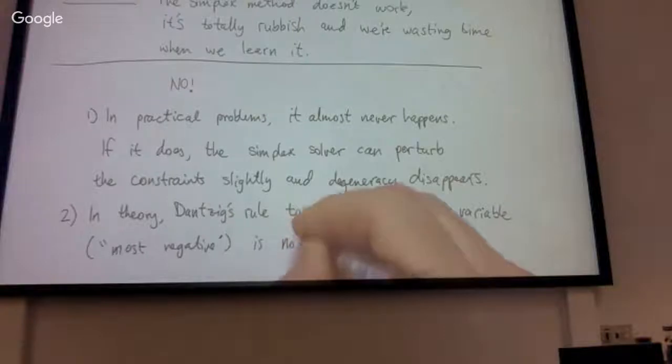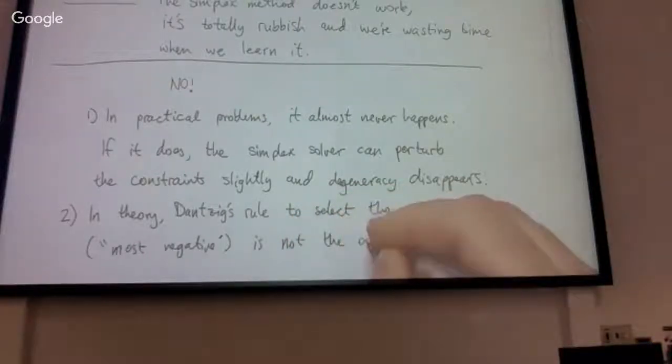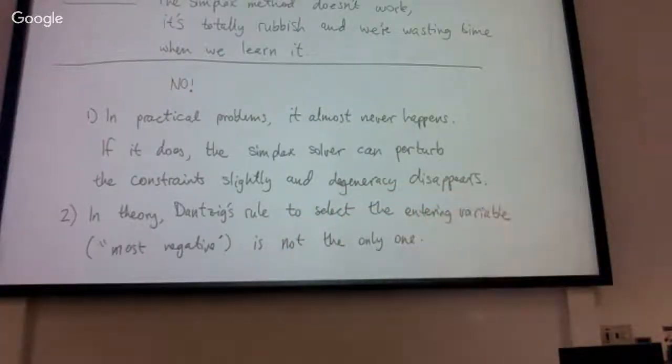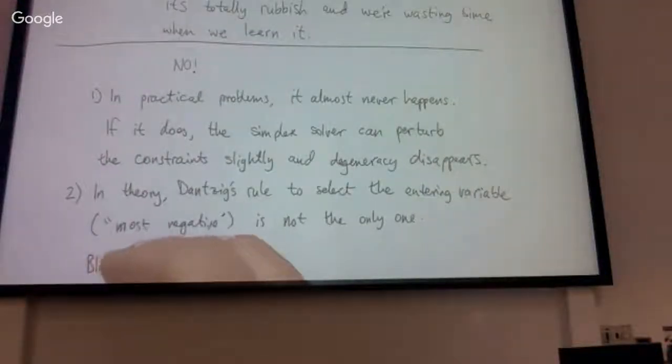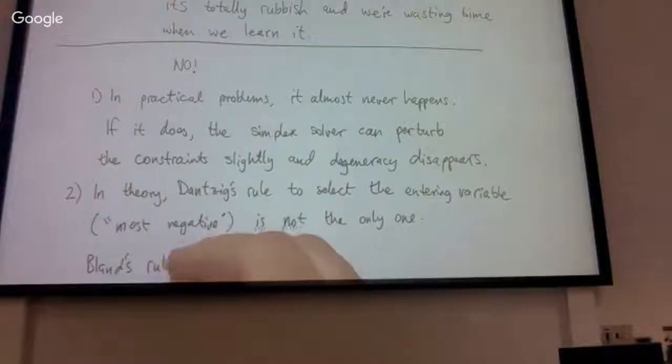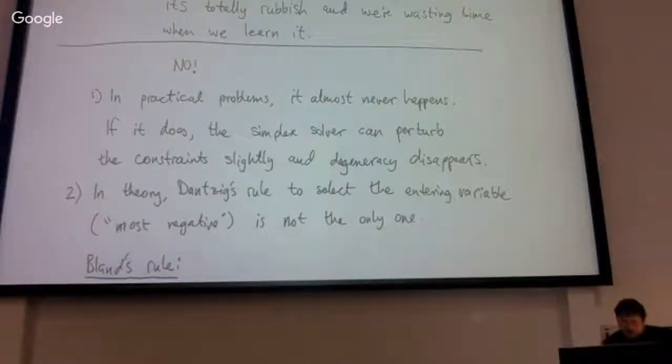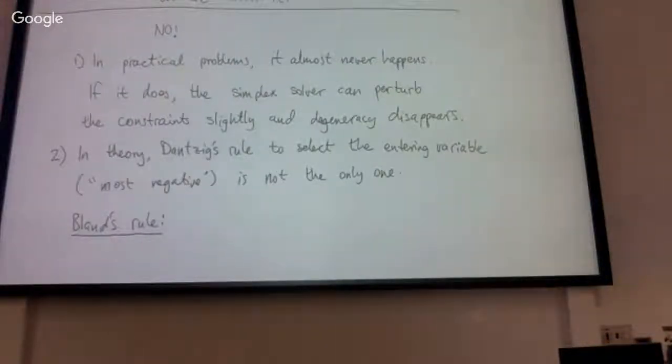It's not the only one possible. There's also something called Bland's rule. Bland's rule says you should take the leftmost negative entry in the Z row.